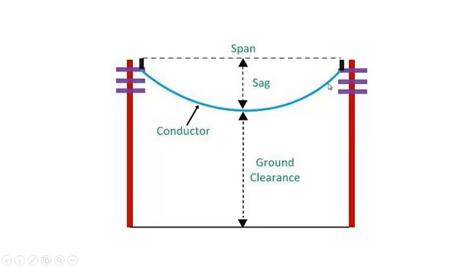Here the tension will be in this direction, horizontal direction, and here the tension will be in this direction. And the other force will be the weight, which will be in the vertical direction. When it is in horizontal direction, one force will be acting exactly in the horizontal direction, another will be acting in the vertical direction.